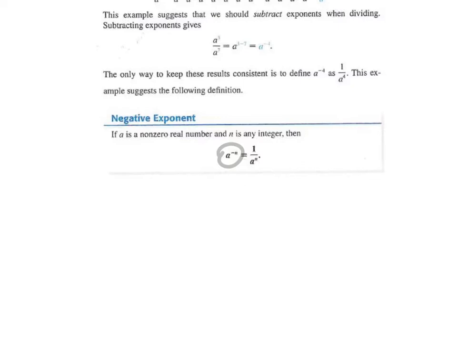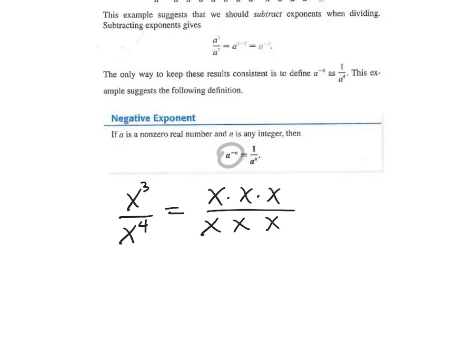So let's say I have x to the third power over x to the fourth power. I could actually expand this out and get x times x times x over x times x times x times x, and then I can begin simplifying it. Notice what remains is going to be 1 over x.